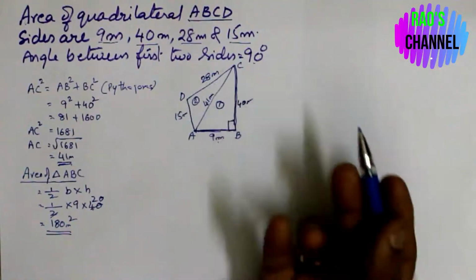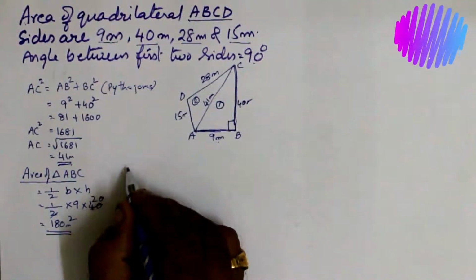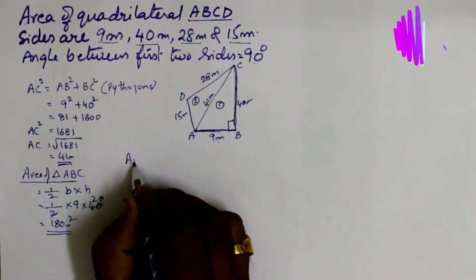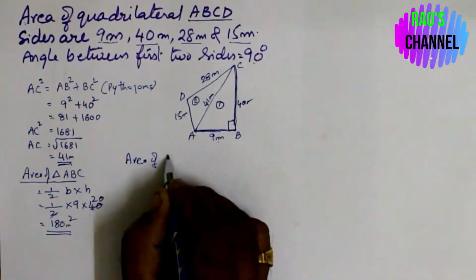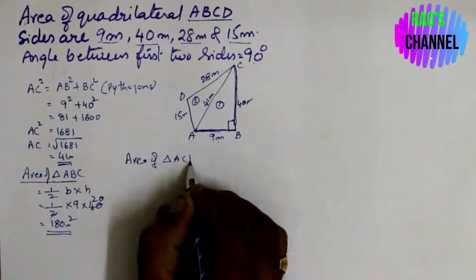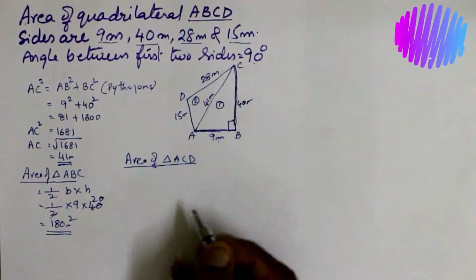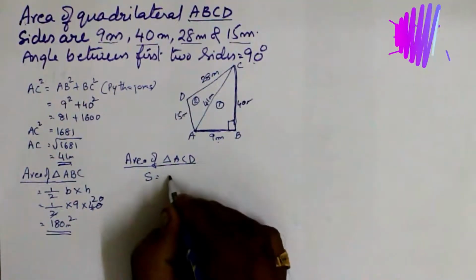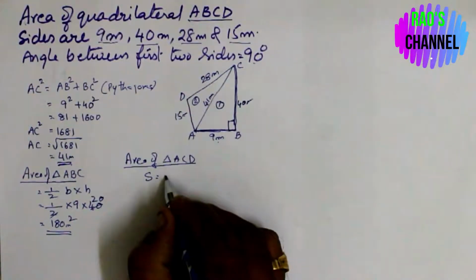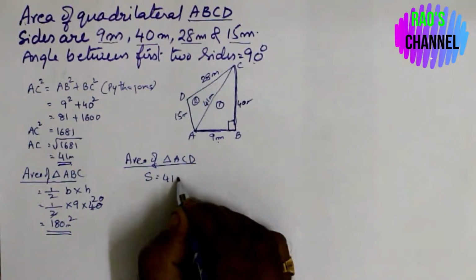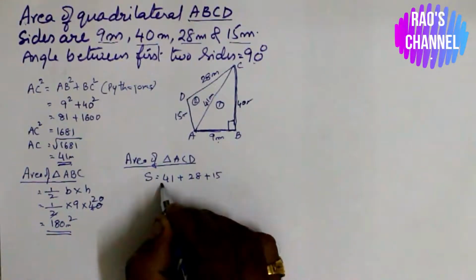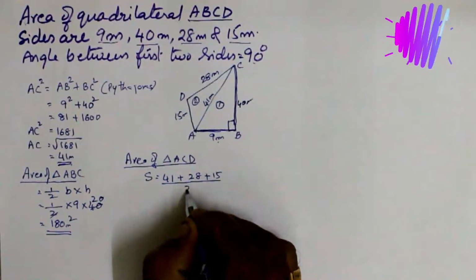Since it is a scalene triangle, I must go for Heron formula. So the area of the second triangle ACD, I am calculating now. I must know what is S, the semi perimeter, which is the sum of all the three sides, that is 41 plus 28 plus 15 by 2.